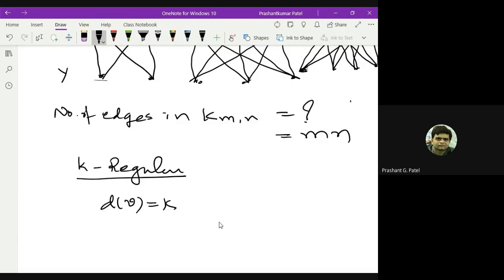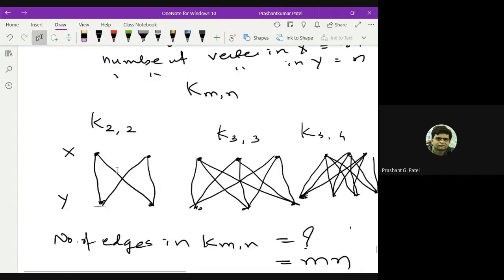Okay, this is true for every vertex V in G. For example, K22 is a K regular graph. Every vertex has degree 2. So it is a K regular graph. K33 is a K regular graph. Every vertex has degree 3.